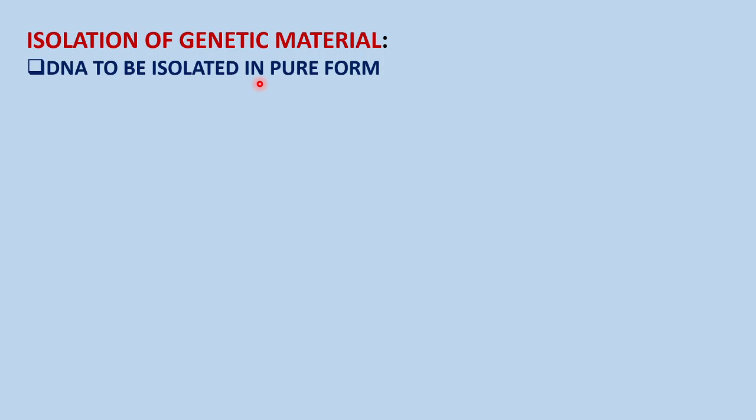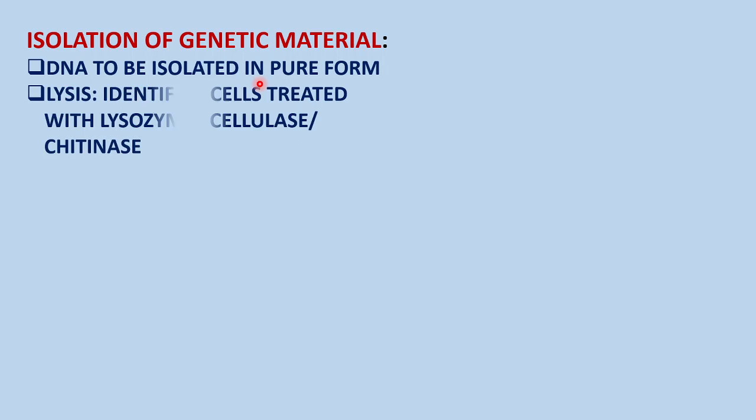We will select that particular cell, be it from a plant, an animal, or a microorganism. Whatever it belongs to, we will take out that cell first, or take that tissue from that organism, and then we will carry out lysis. Lysis means breaking down. We will break down the cell.